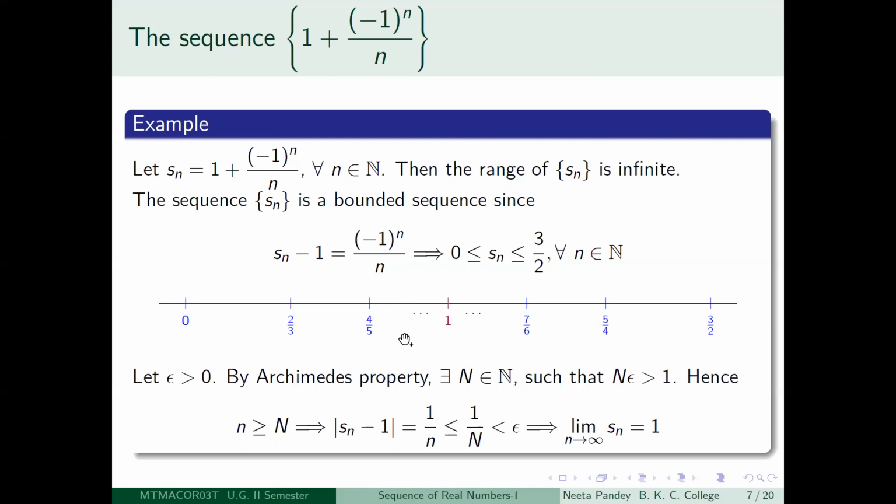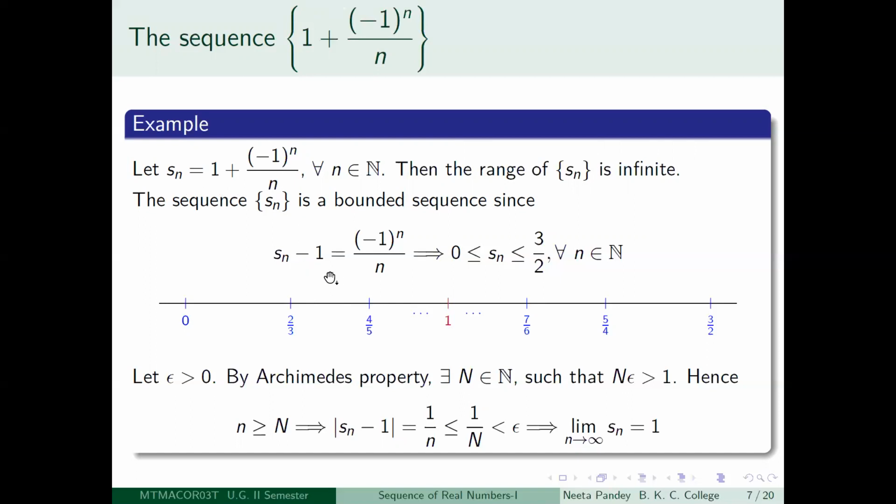And the way you are getting the sequence, these points are continuously getting closer and closer to 1, right? So that is why I have put this 1 as a purple number here, because I want to show that this sequence is actually convergent to 1. Before that, you notice that it is a bounded sequence. That is clear, because what is our Sn, the formula is this.